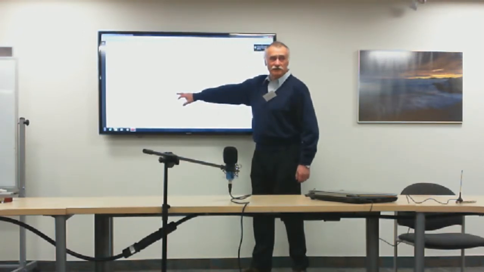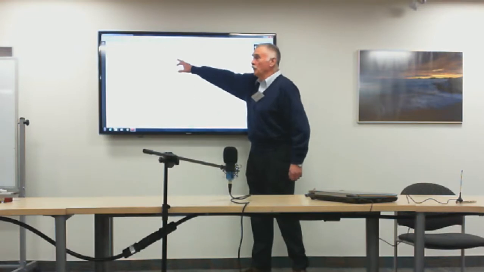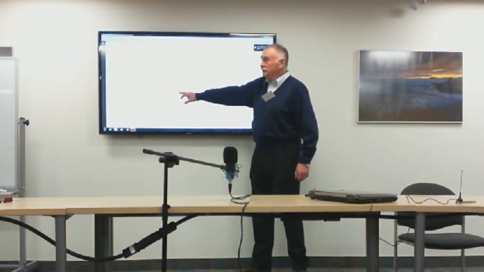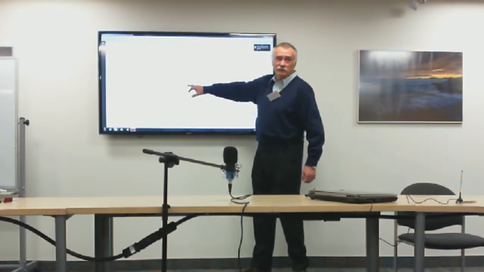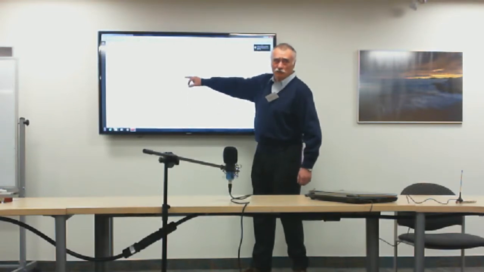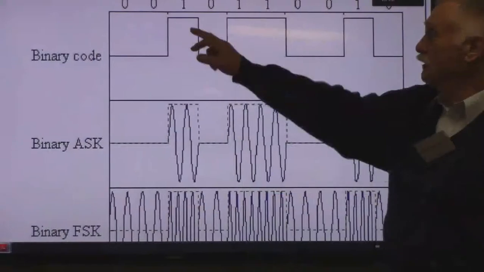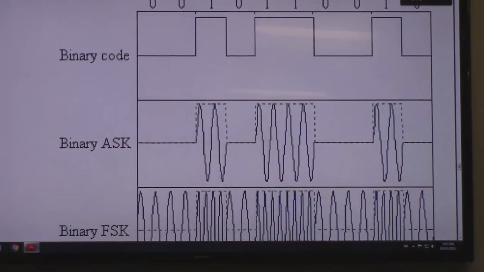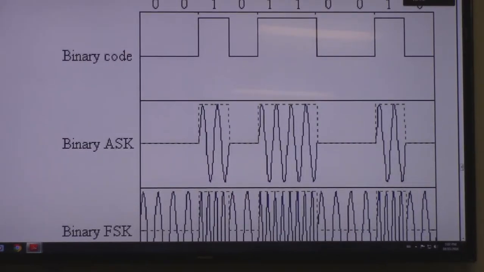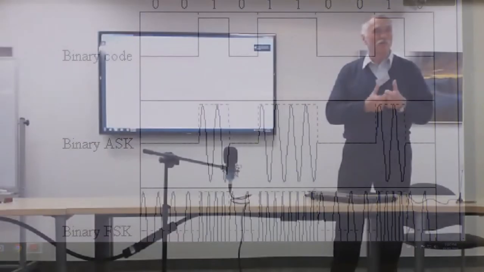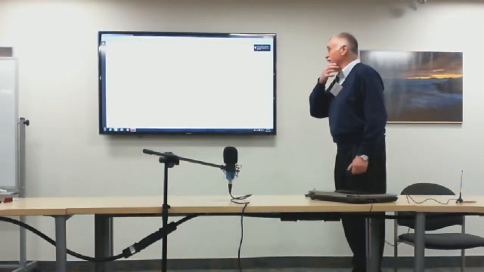There is no audio frequency tone when a 0 bit is present. And then the amplitude jumps to its maximum value, jumps or shifts each time a 1 is coming. So in binary amplitude shift keying, each high bit is associated with an audio frequency tone, and each low bit, or 0 or false logic level, is associated with no signal.